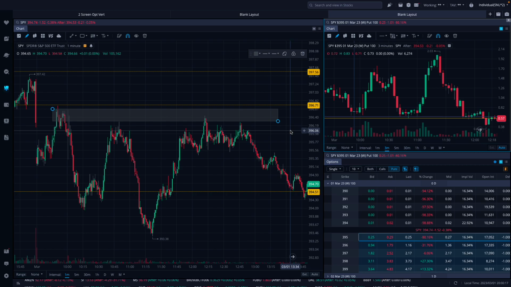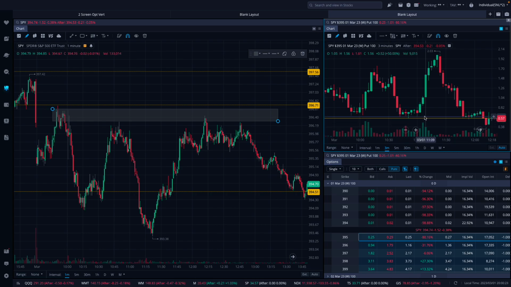This is 24 cents less, but yet the price on the premium is almost the same. Even though these candles were lower, this candle came in lower on the premium, even though it should be higher. It doesn't make any sense, right?